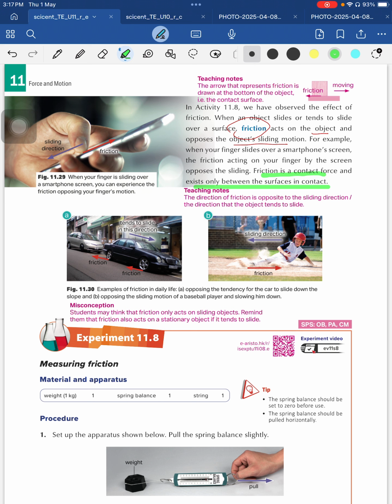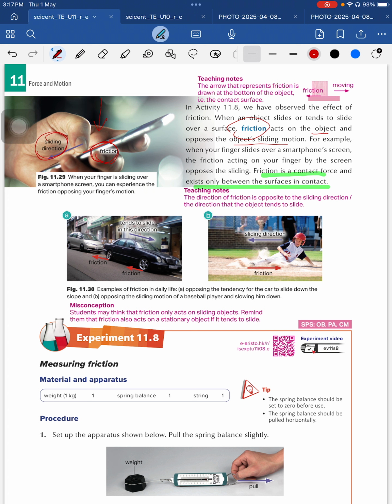Now there will be a lot of examples, like using your mobile phone by your finger sliding on the screen, and maybe you tap on the apps or you play some games on your mobile phone, and this is related again to friction and the sliding direction, which are opposite each other.